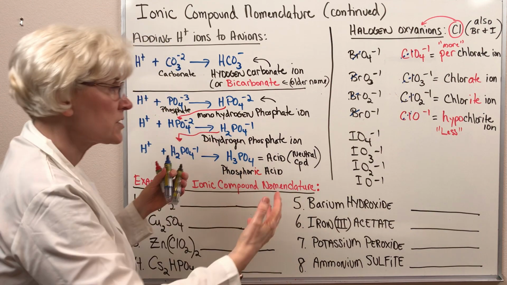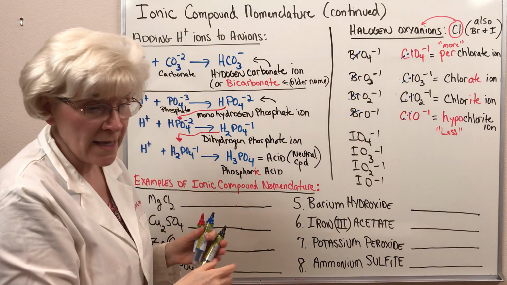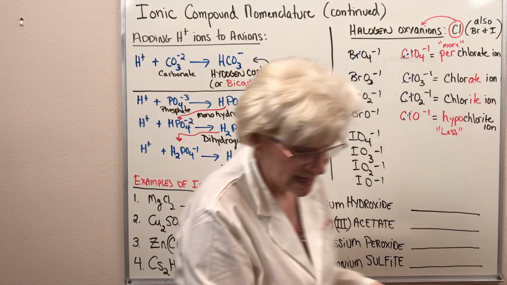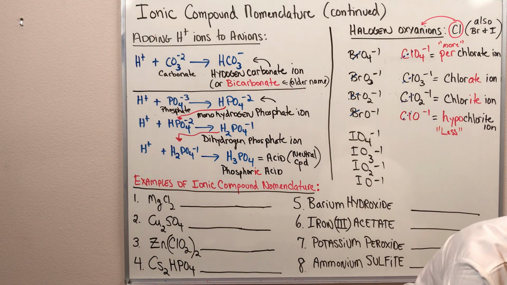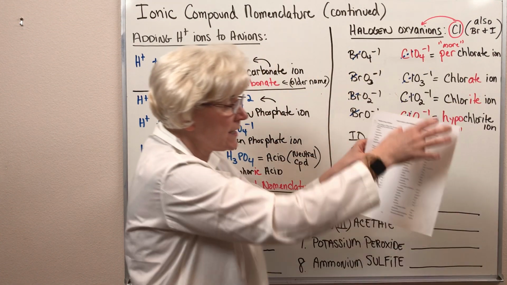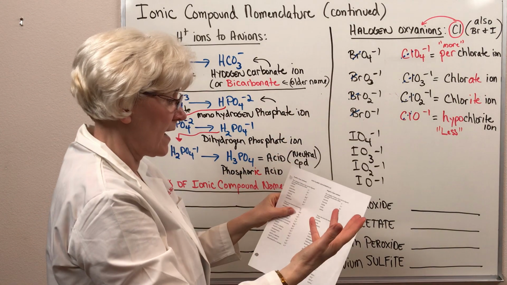So that pretty much sums up the groupings that you see on the table of ions, talking about how to name anions. So we've just looked at the right side of the sheet, how we name anions.